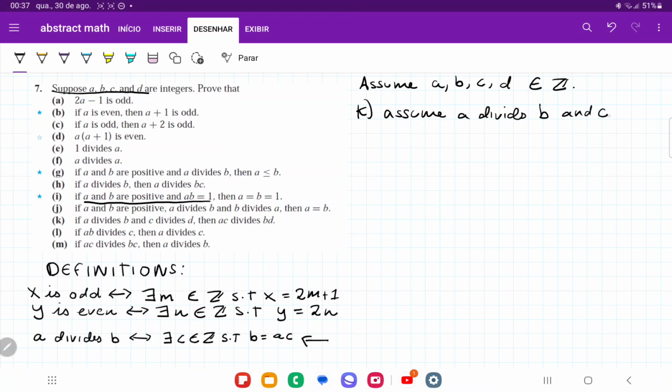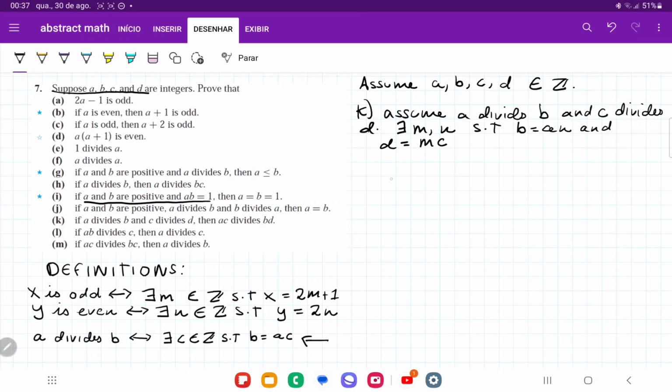Well, then there exist integers M, N, such that if A divides B, it means that B is equal to AN, and D is equal to MC. Let me see if that's right. C divides D. Yeah, that is right.